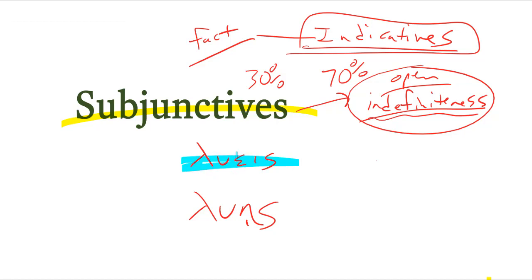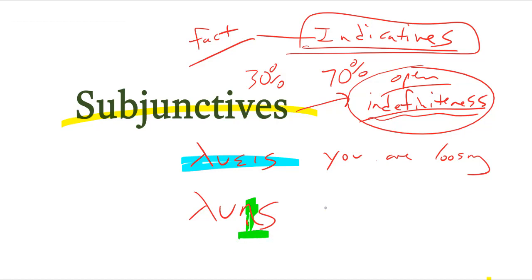Here's an indicative verb, lueis, translated you are loosing. Okay, now look down below. This is the subjunctive. Notice there's a spelling change. So that spelling change is communicating to the listener, hey, there's something different about this verb.